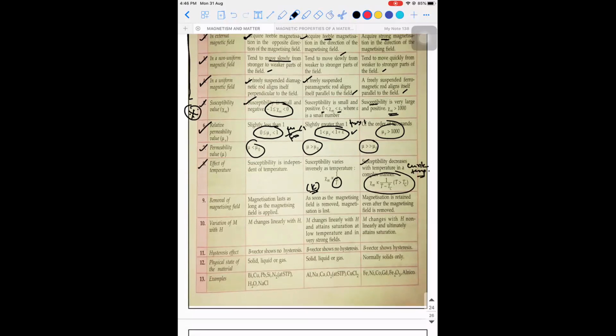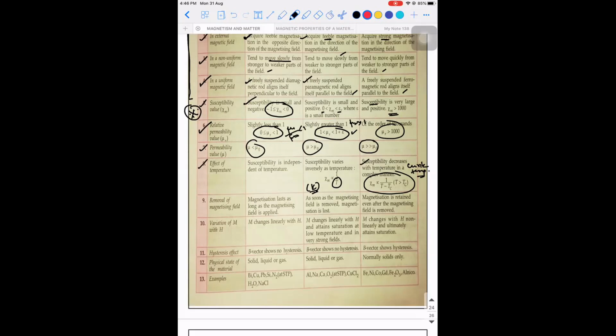So there is a temperature called the Curie temperature. It means beyond that Curie temperature, the material will get completely demagnetized. Its magnetic property is completely lost. Okay, so which material's magnetic property will get lost on heating? It can either be a paramagnetic substance or a ferromagnetic substance, whereas a diamagnetic substance is independent of the temperature.